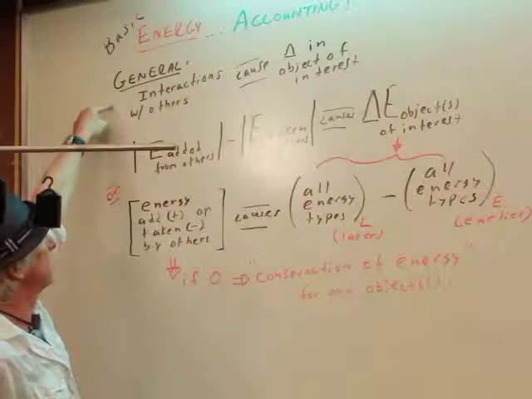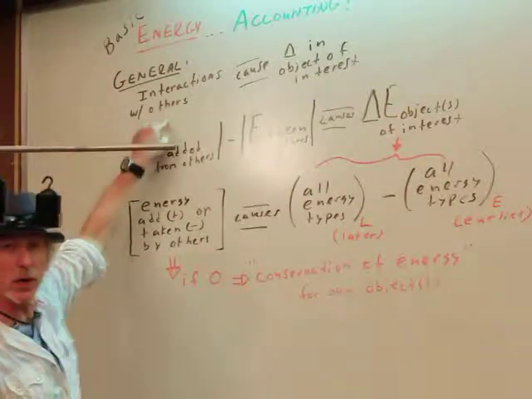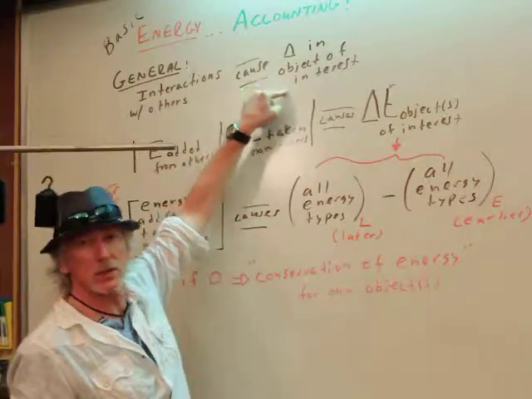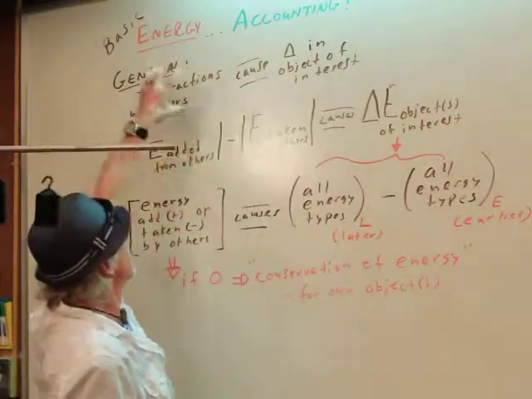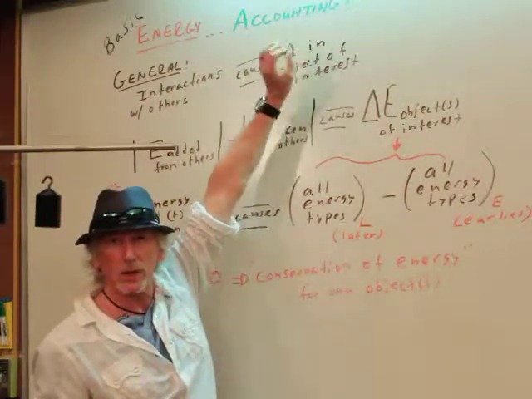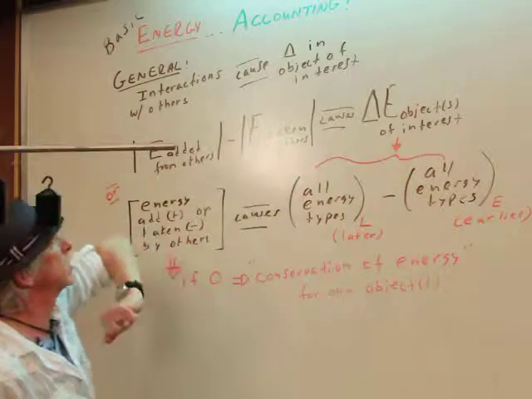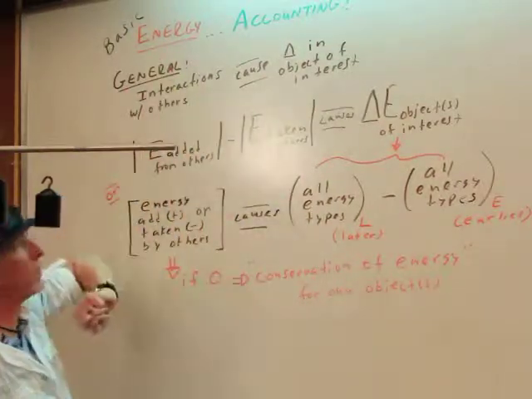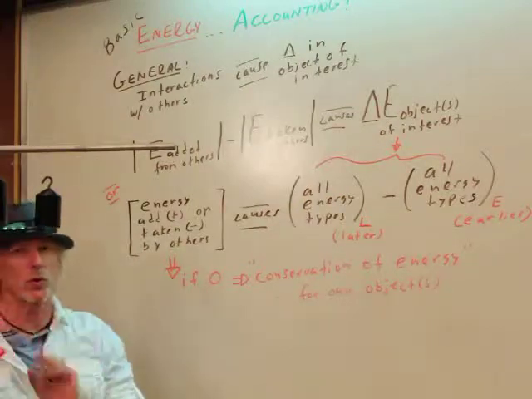The general idea is that interactions with other objects will cause a change in the object or objects of interest, right? That's true for net forces causing a mass to accelerate, the acceleration being the rate at which it changes. Impulse causes a change in momentum. We'll talk about this again more later, and introduce work later.